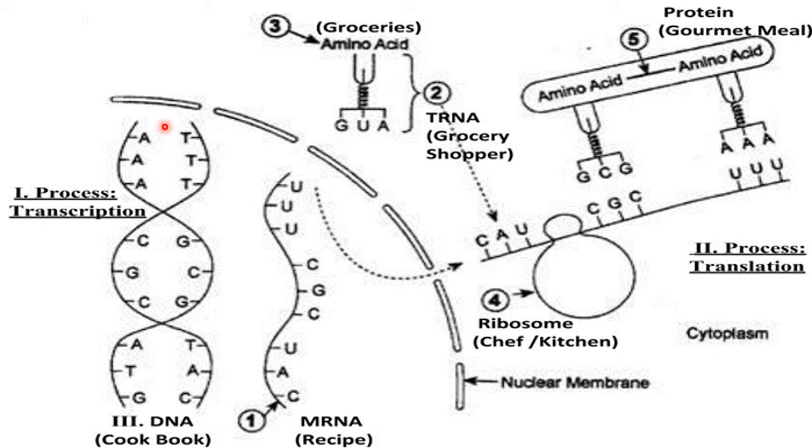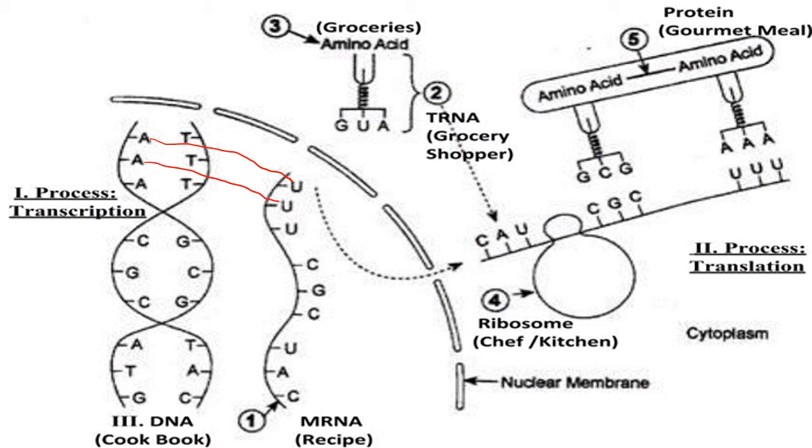Remember, first helicase would come and unzip the hydrogen bonds of the DNA molecule. Then you have RNA polymerase putting together the RNA nucleotides onto the DNA template, notice A would have bonded with U.